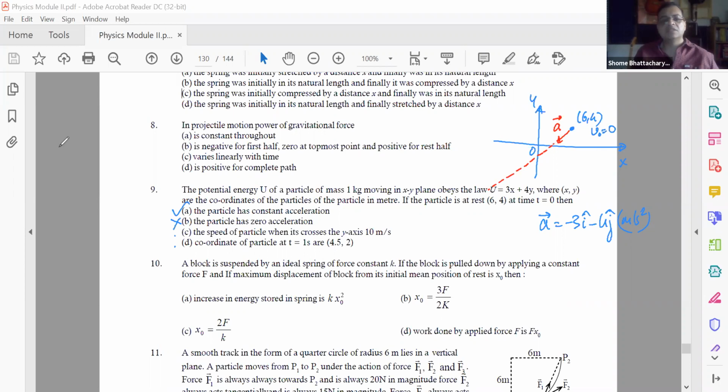So you can see that since the acceleration has an x component of minus 3 and the initial x component of velocity is 0, the x displacement as a function of time will be minus 3 by 2 t square.